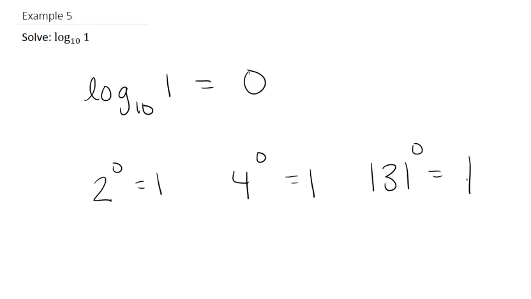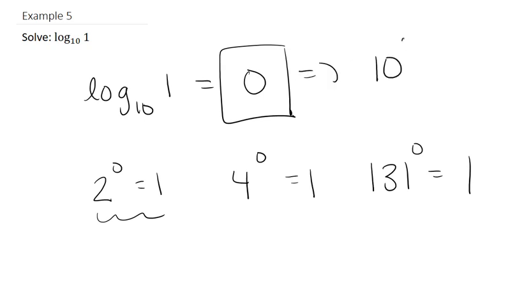All these are equal to 1. So it's important to note that anything raised to the 0 power is equal to 1. So for this problem, our answer is 0, because 10 to the 0 power is equal to 1.